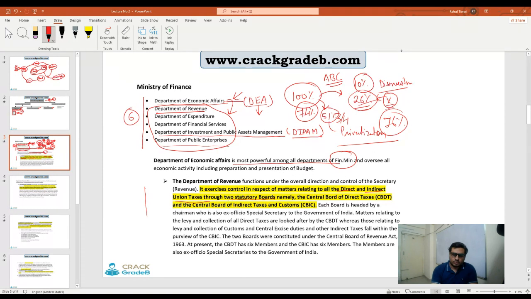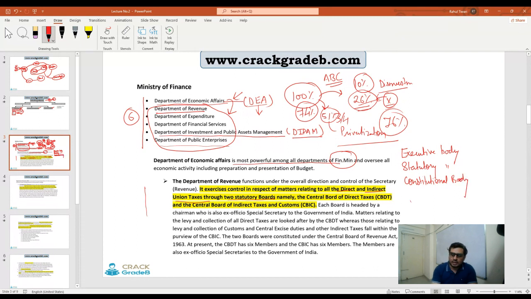There are a few terms which are used. One is executive body. Next is statutory body. Third is constitutional body.